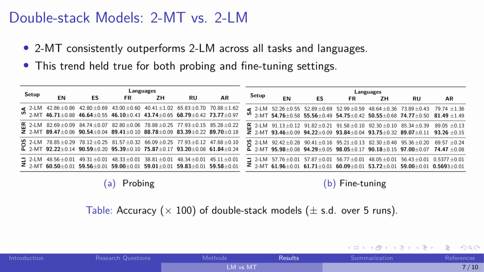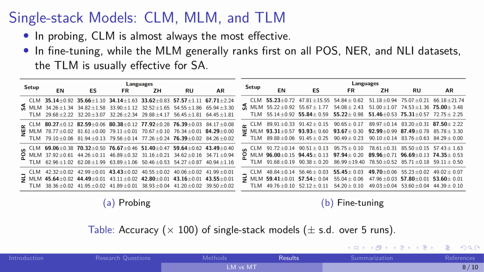Our results show that 2MT, which is pre-trained with the machine translation objective, consistently outperforms 2LM, which utilizes a denoising objective. And this pattern is consistent across all languages tested after fine-tuning as well as probing. Turning to single-stack models, we find a more complex picture.